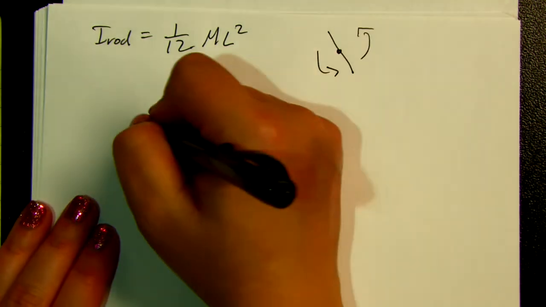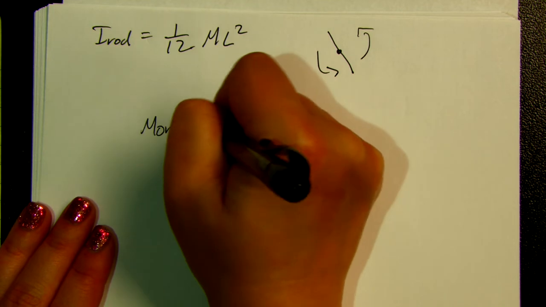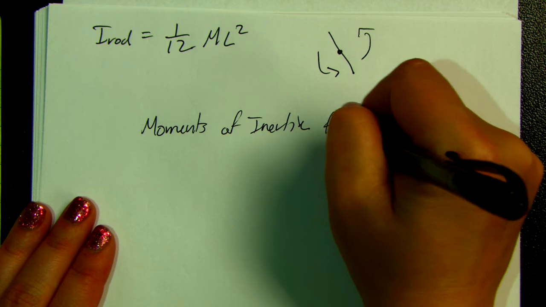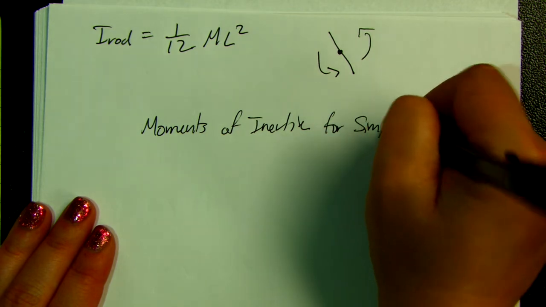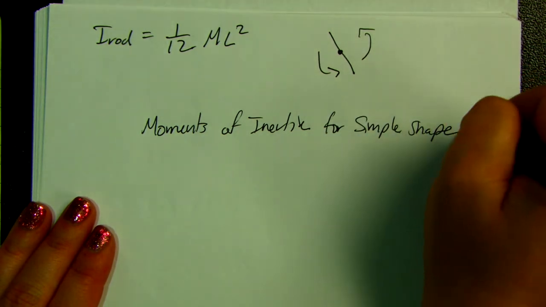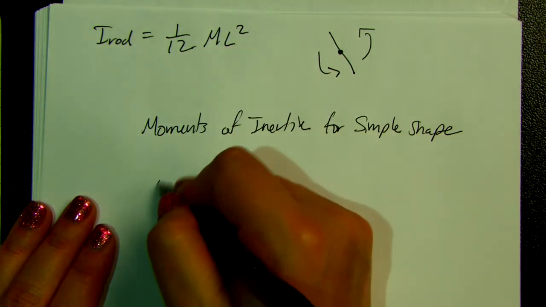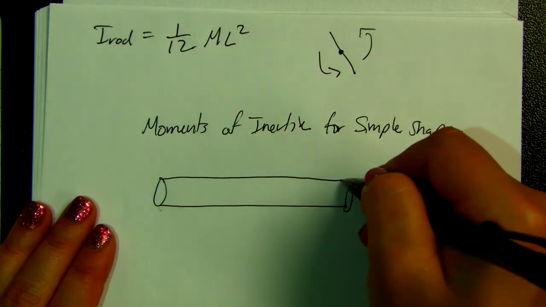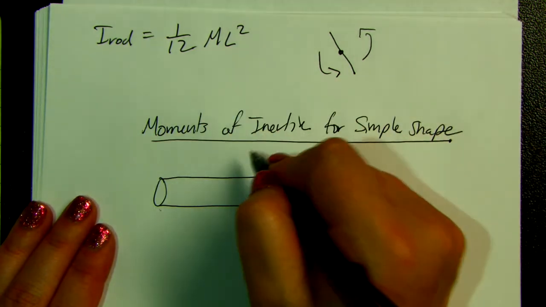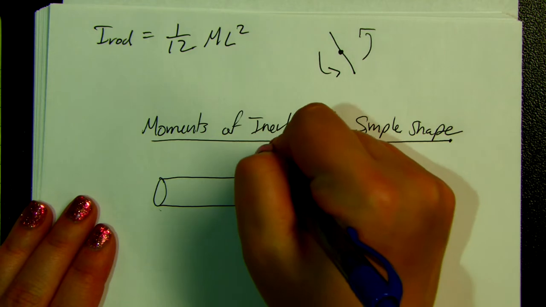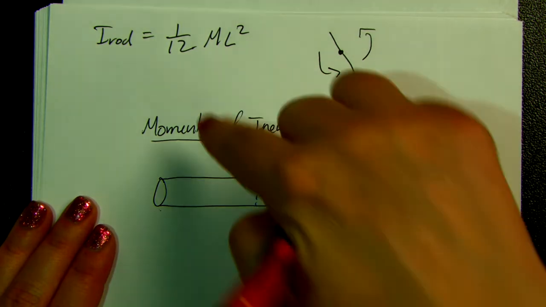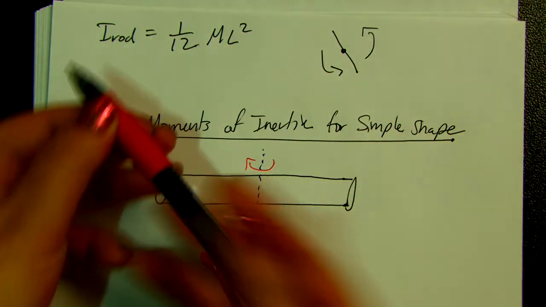Okay, so let's do a few more moments of inertia. So we have a cylinder, and the axis of rotation is down the middle, and it's rotating like that.